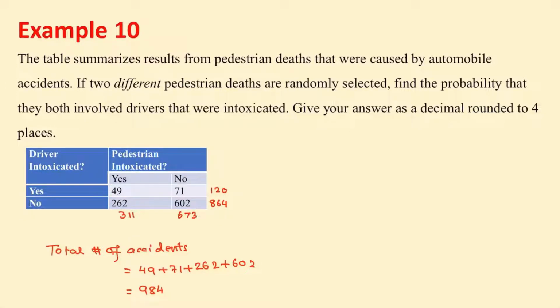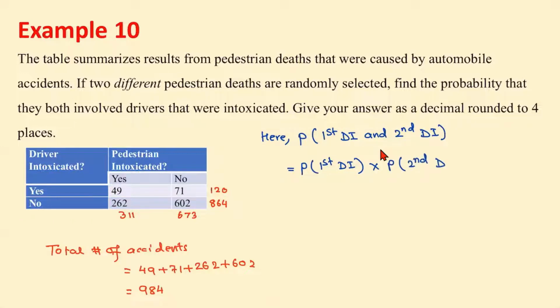Now let's go to the main part of the question. We want the probability that the first driver is intoxicated and the second driver is also intoxicated. Because we have "and", this is the multiplication rule. So it is the probability that the first driver is intoxicated times the probability that the second driver is intoxicated.